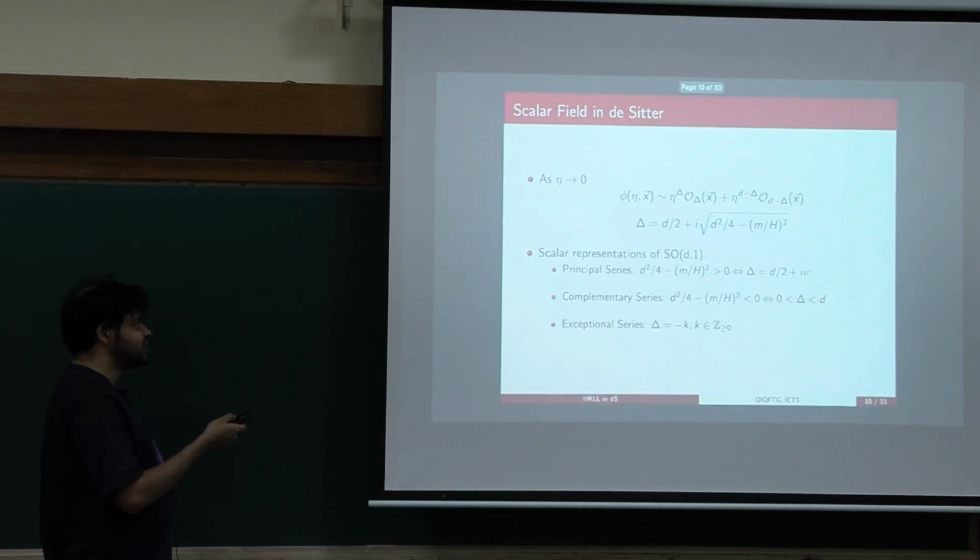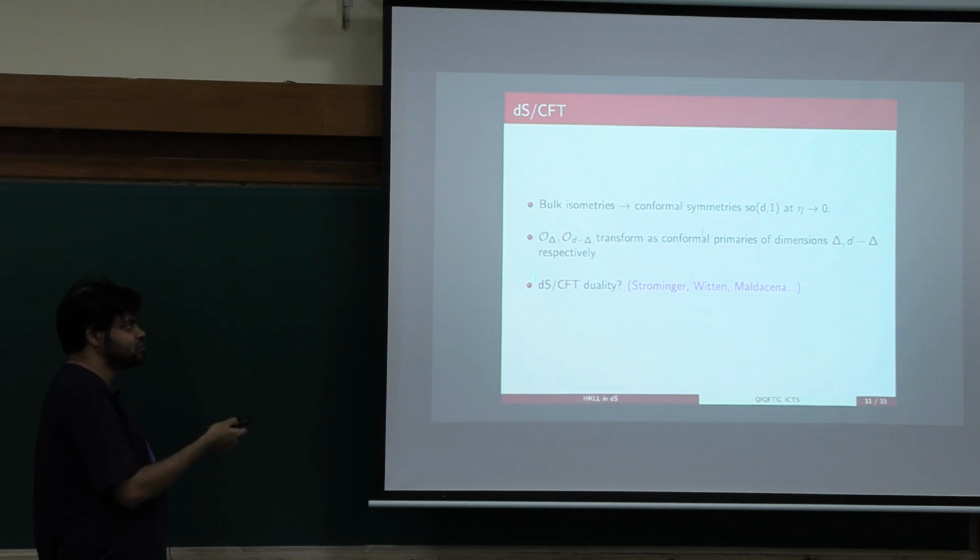And of course this phi transforms under the bulk isometries of deSitter. How does it transform when we take this eta goes to 0 limit? These O_delta and O_(d minus delta) transform exactly as conformal primaries of dimensions delta and d minus delta.